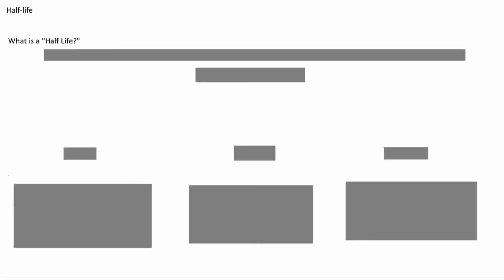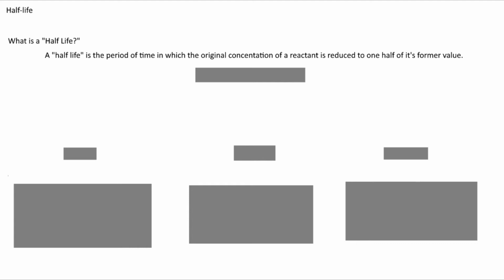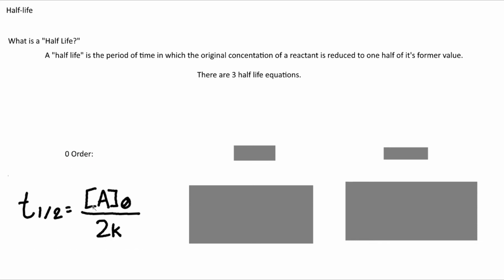Now we're going to move on into something else, and this is called a half-life. So what is a half-life? Well, a half-life is a period of time in which the original concentration of a reactant is reduced to 1/2 of its former value. There are 3 half-life equations, one for each main order. So the zero order half-life equation is the initial concentration of the reactant divided by 2k, k being the zero order rate constant.